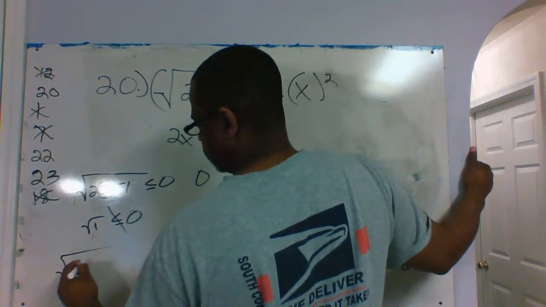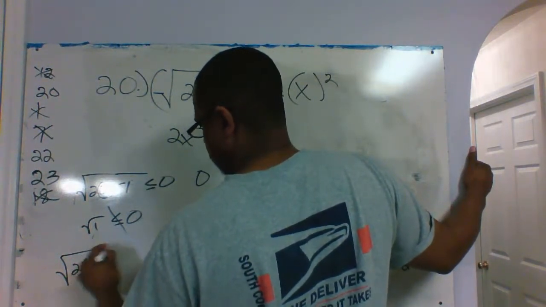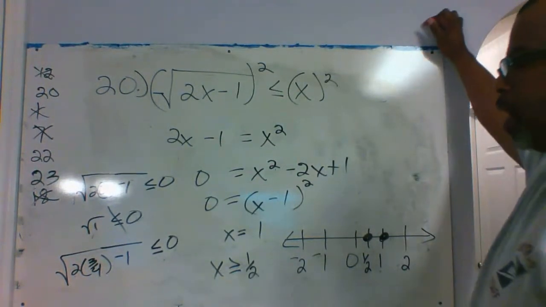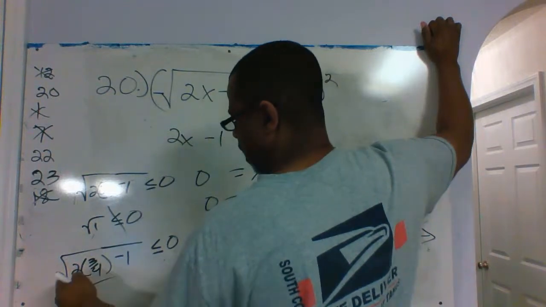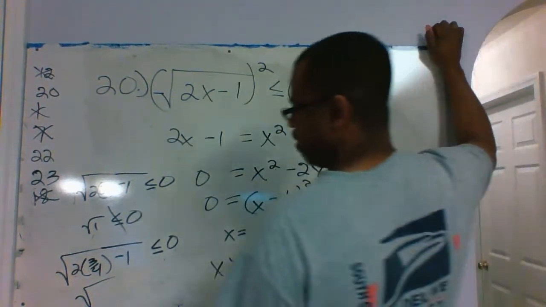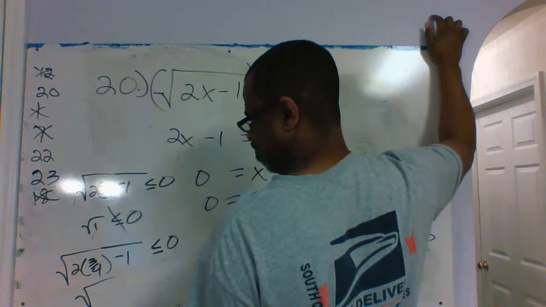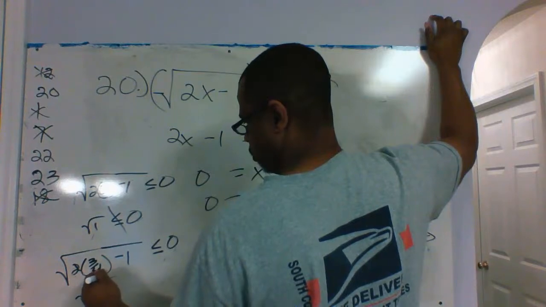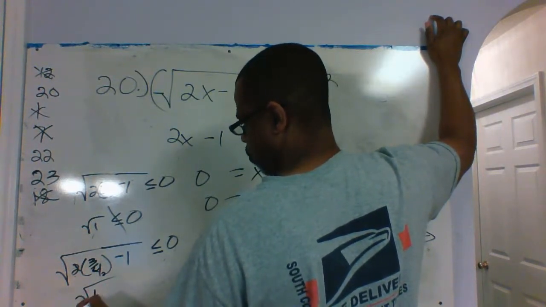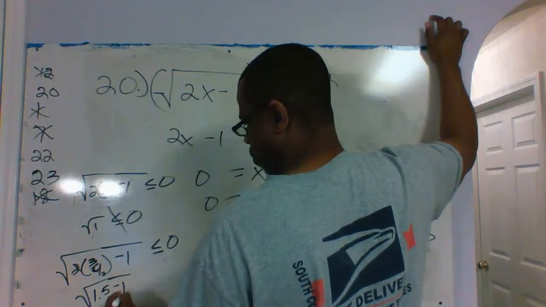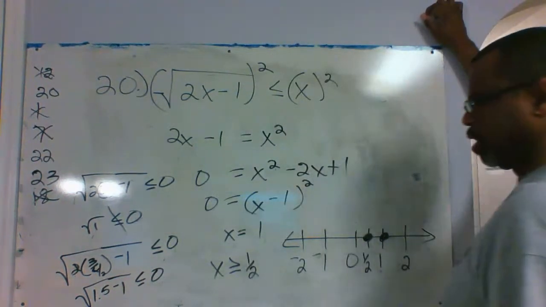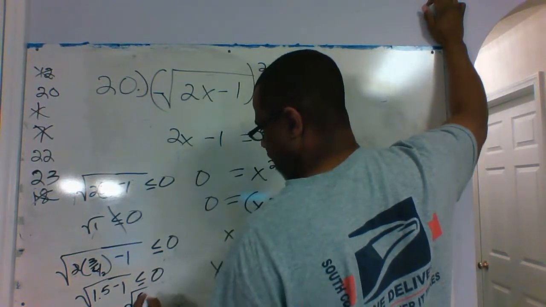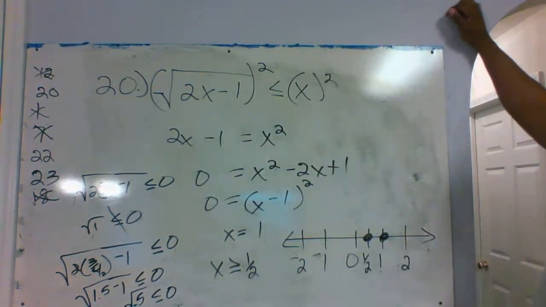So 2 times 3/4, minus 1 is less than or equal to 0. All right, so if we do this, that's 1.5 minus 1, so that's going to be 0.5. The square root of 0.5 is less than or equal to 0.